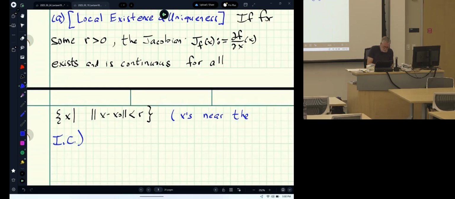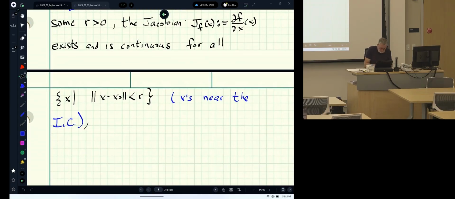So if that Jacobian exists and it's continuous near the initial conditions, then there exists a local solution.